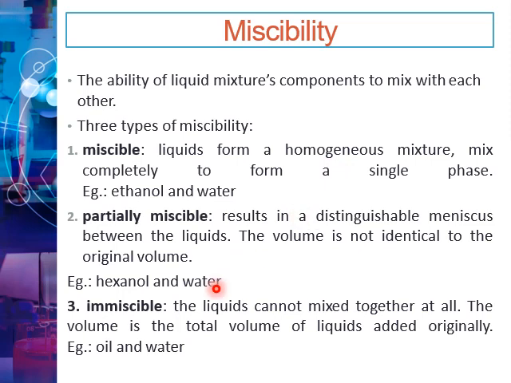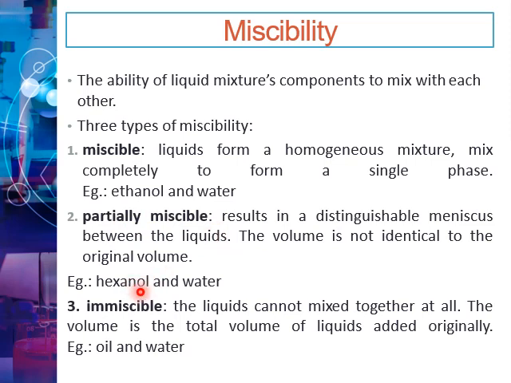Then partially miscible. Partially miscible means they are miscible, but only half of them. We can still distinguish between the liquids, because of the meniscus, you can look at it and distinguish the phases. The volume is also not identical to the original volume. For partially miscible, we can see hexanol and water.